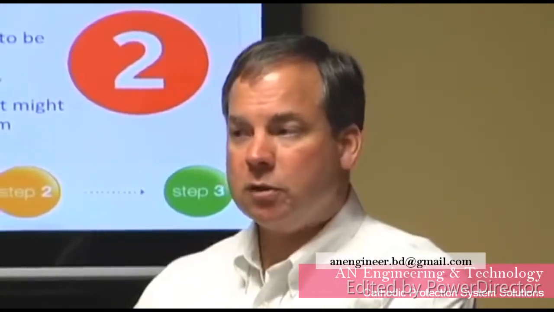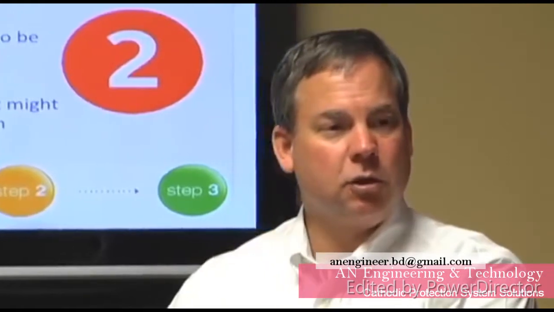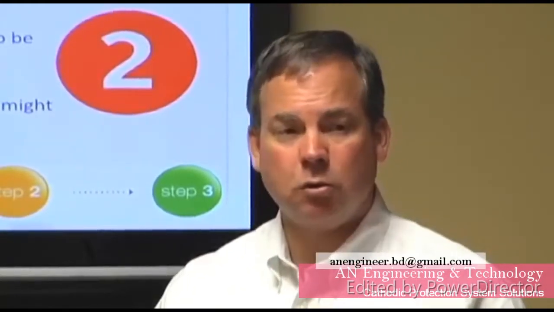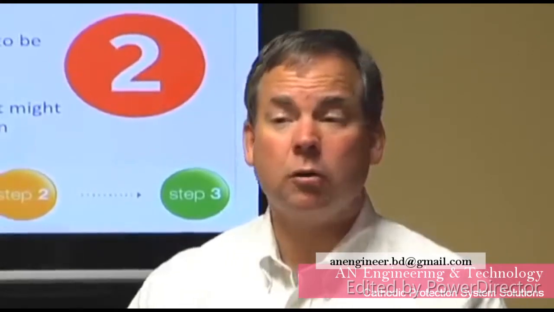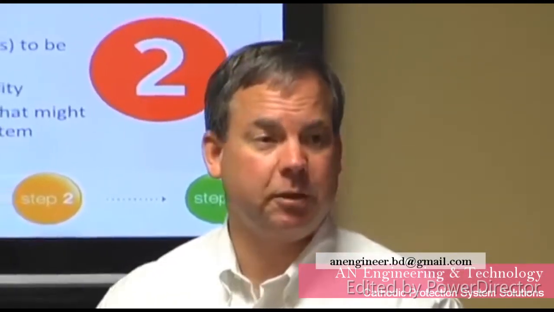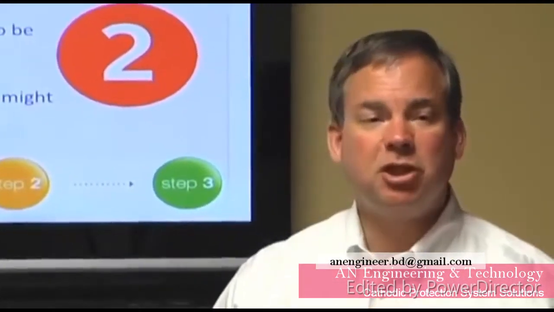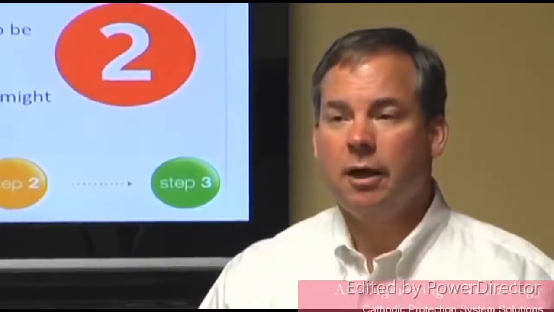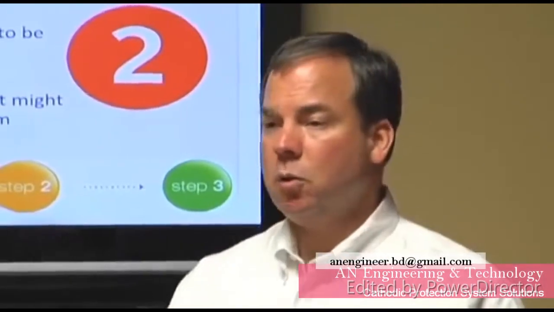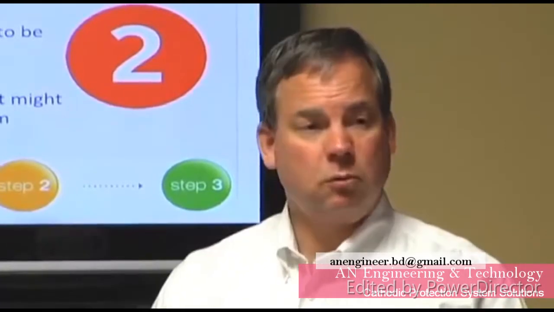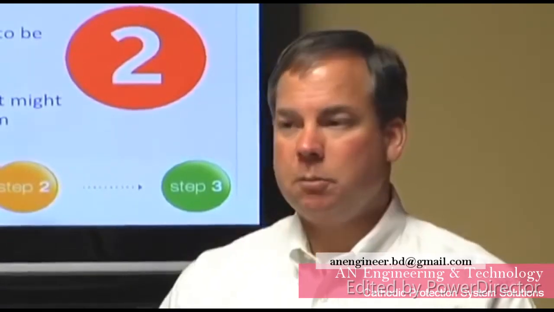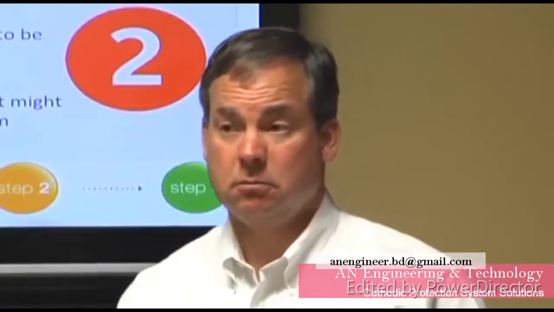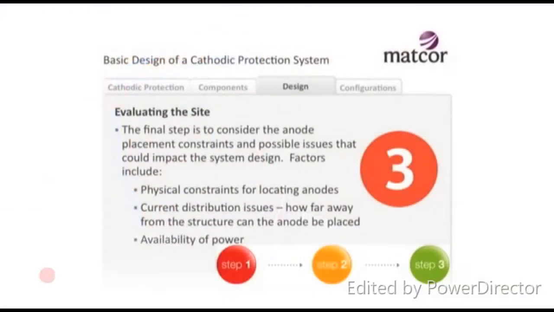In the winter, that salt line tends to move back towards the ocean, and you'll have more fresh water, less corrosive, but also more difficult to flow current through because the resistance of the water's changed a bit. So does the environment change over time? Is it seasonal? In some places, the soils can change radically just depending on whether it's wet season or dry season. So we ask questions about the environment.